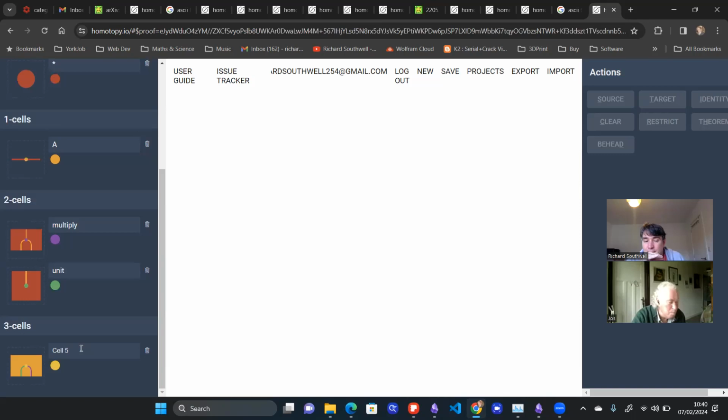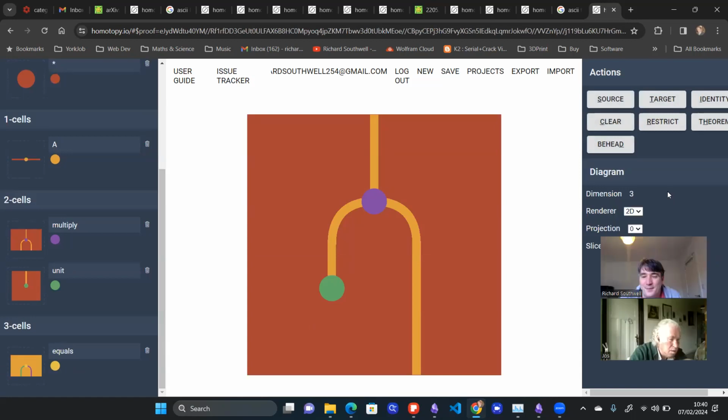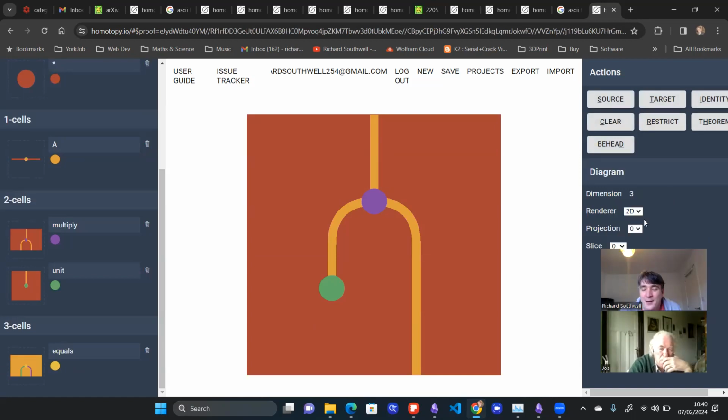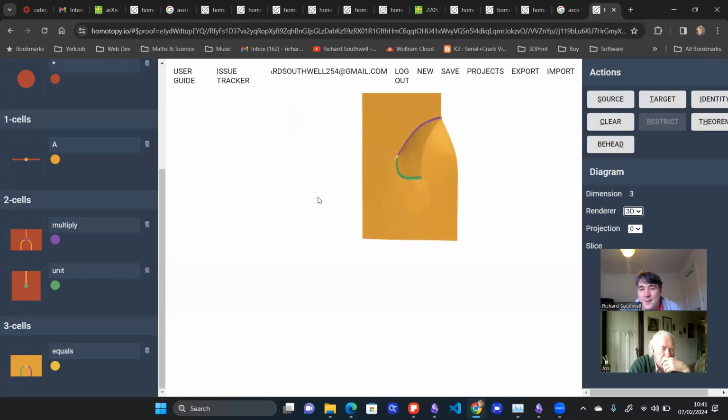And how do you call it? Let's call it equals. Yeah, I like that, that's a good name for it. So if we click on it, you see we can render it in 2D, but let's render it in 3D. So here it is.